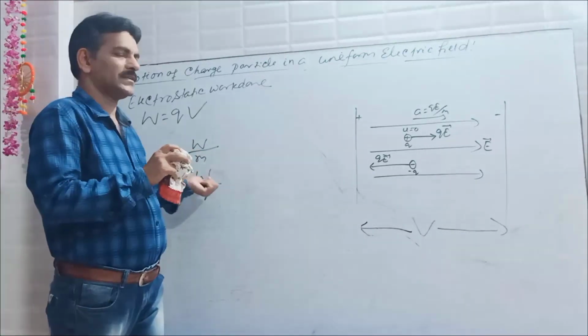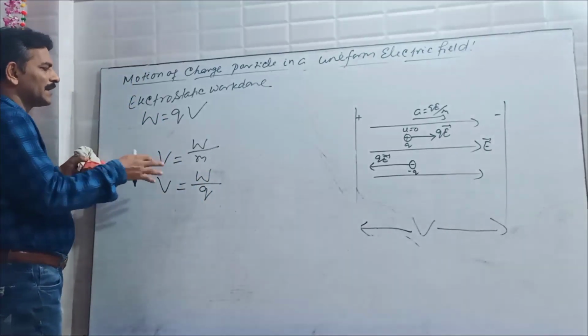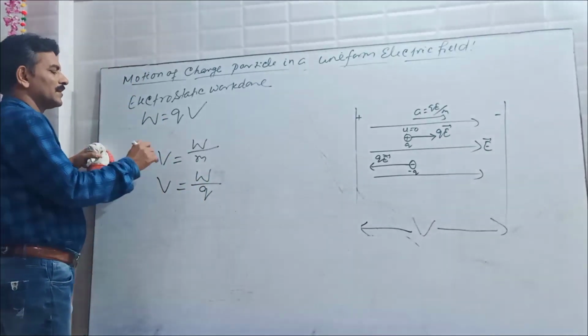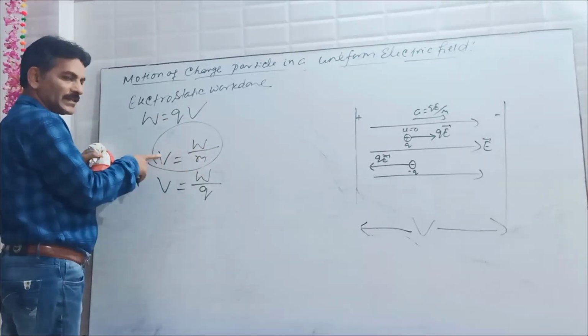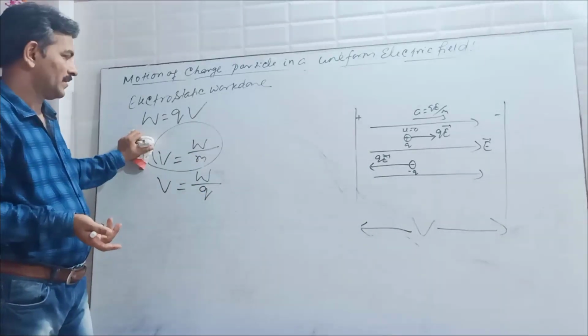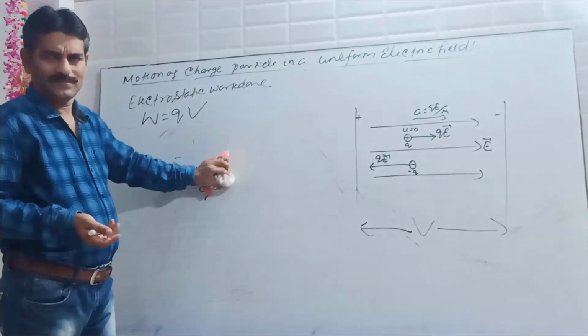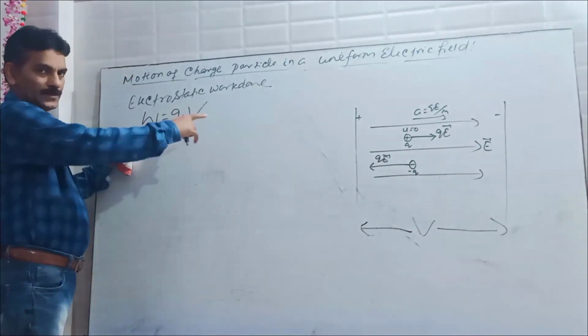I will discuss electric potential in the next class. For the time being, in comparison to gravitation, there W equal to m into potential difference, here q into potential difference. Because of potential difference, the charge is moving. So work done is qV.